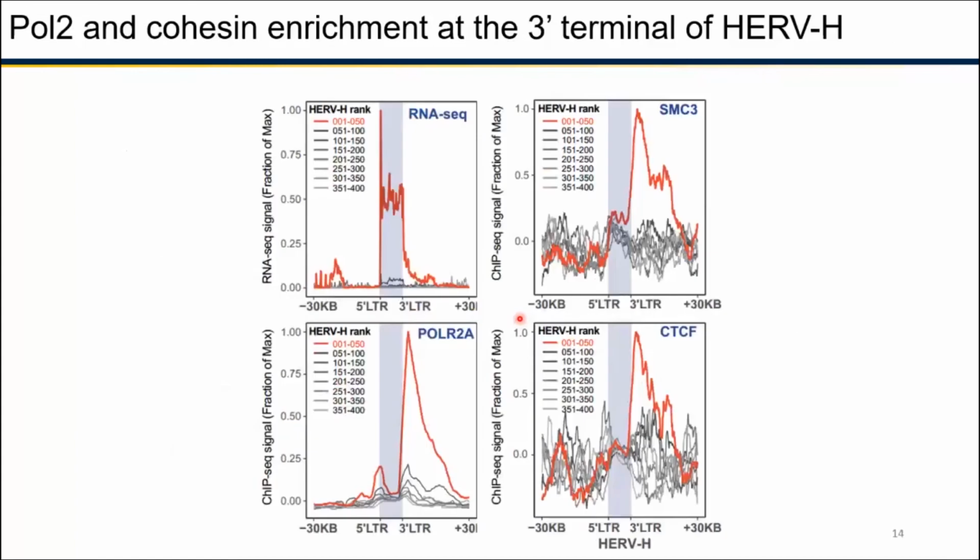So when we further zoom in at the HERV-H locus and plot the ChIP-seq signals in those loci, we observe that HERV-H frequently reads through the 3' end of itself, which is called a 3' LTR.